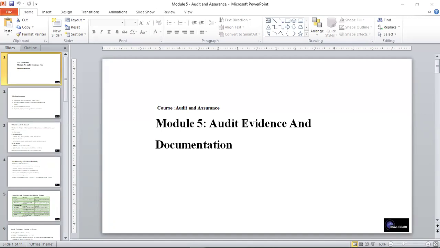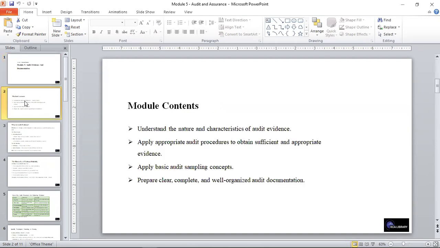Audit evidence and documentation. In the process, we will look into having an understanding of the nature and characteristics of audit evidence.